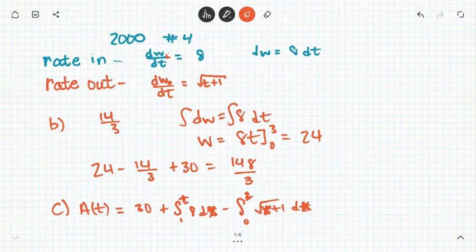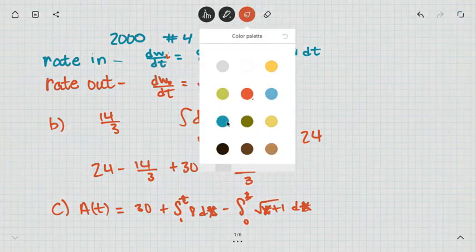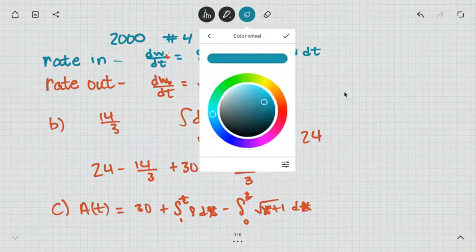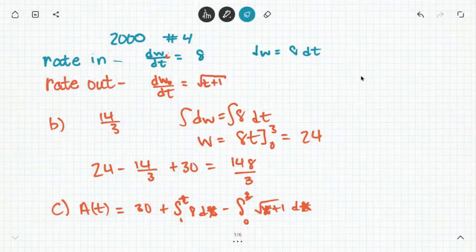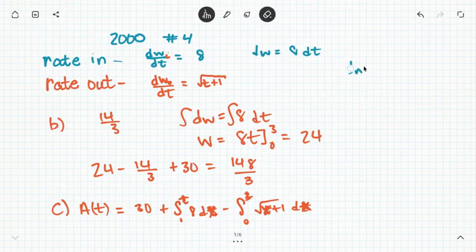And then D part, when is the amount at a maximum? Well, the way that we find maximums is by using our derivative. So we take our derivative, which was given to us. We'll not call it dW because we already used that one.